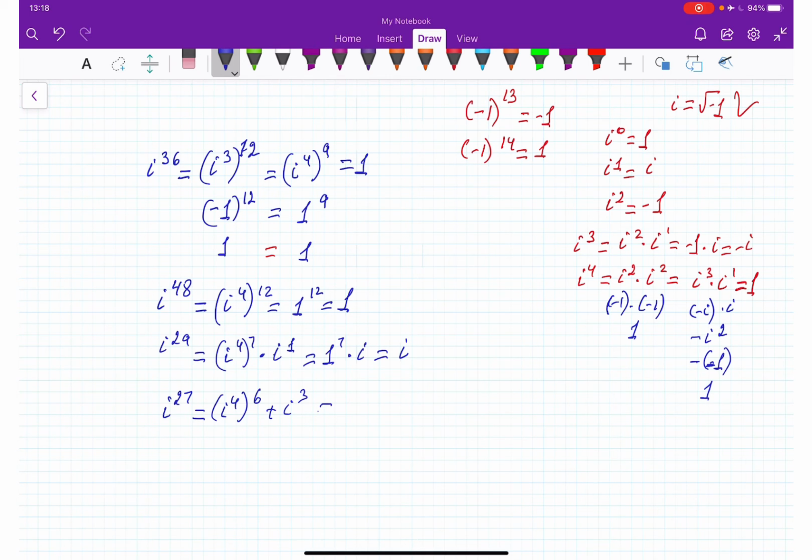Okay, so i to the power 4 is 1, 1 to the power 6, and i to the power 3 is negative i. Correct? So the result is going to be... hold on, let me put multiplication here. Yeah.